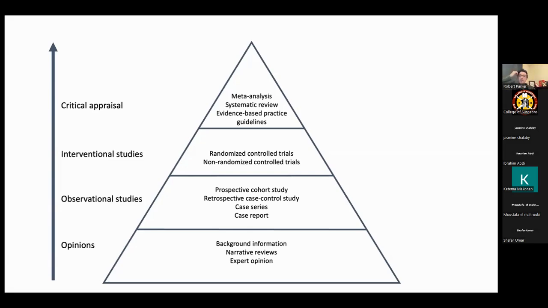So you have to think about this level of evidence. If there are not very many studies that have been done on whatever question you're asking, you're unlikely to find a systematic review or evidence-based practice guidelines about whatever you're interested in.